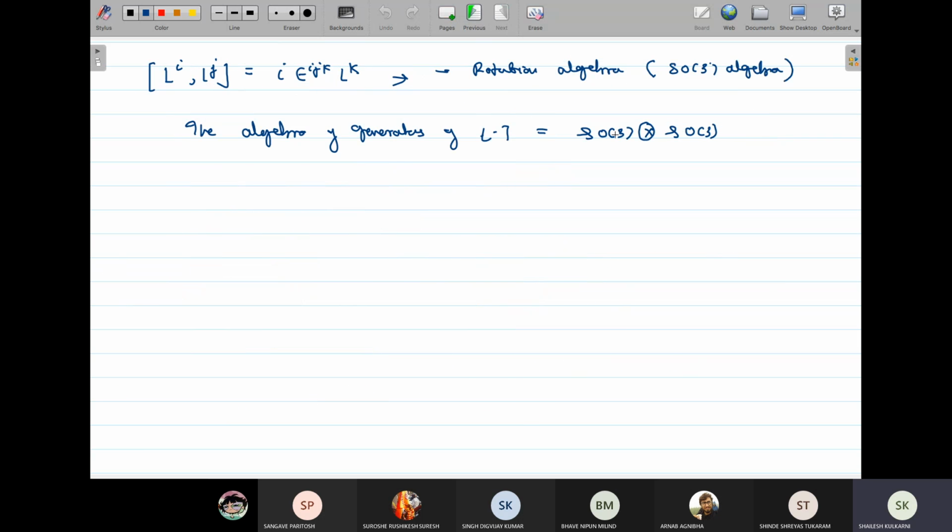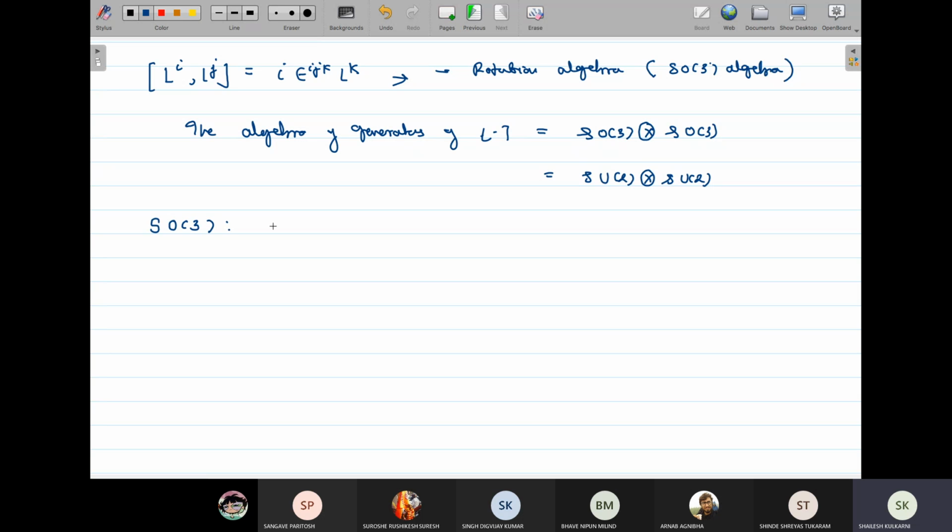Although I am writing this as SO3 cross SO3, the correct way of writing it is SU2 cross SU2. Let me mention some terminology.